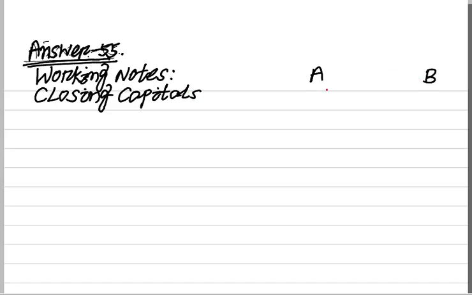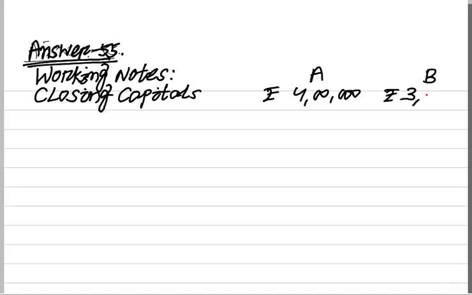Closing capitals of A and B. This is rupees 4 lakh and 3 lakh.